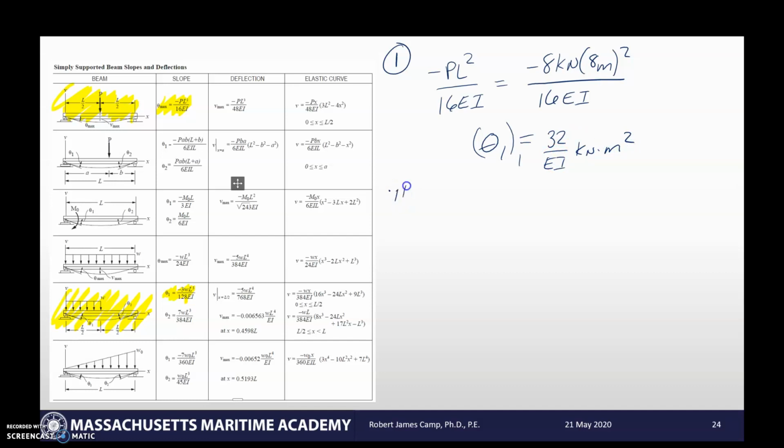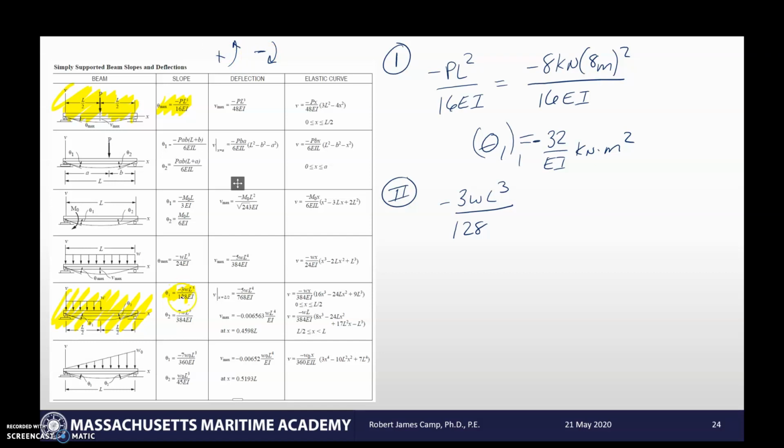And so now if I look at my second one, we have negative 3WL cubed over 128. Oh, I forgot the negative sign there. And what's the negative sign mean? It just means because positive is counterclockwise, negative is clockwise, so it's just a rotation in the clockwise direction.